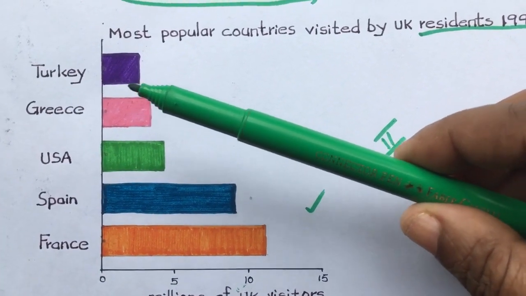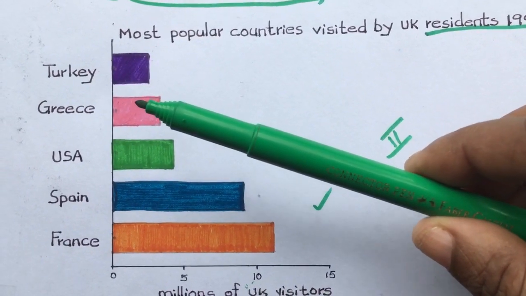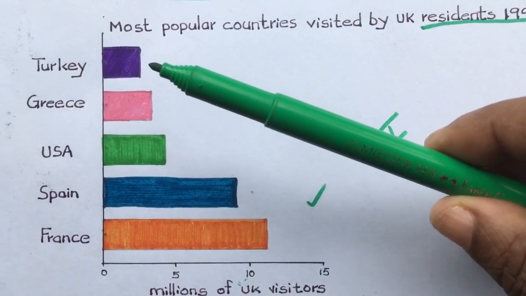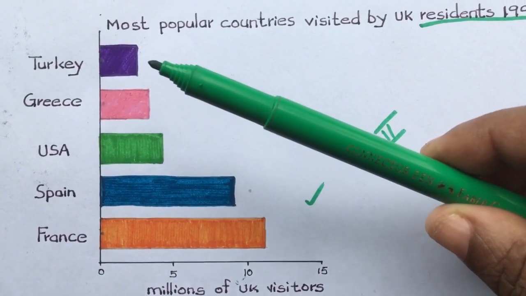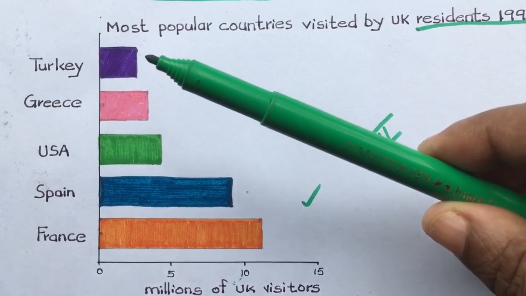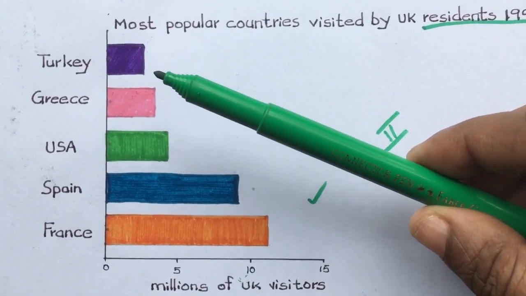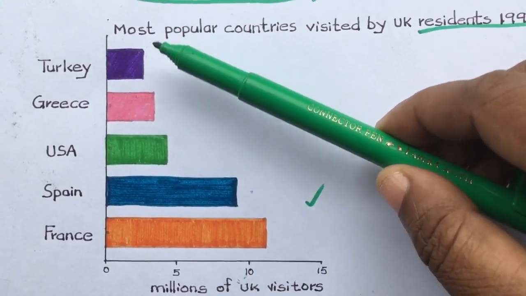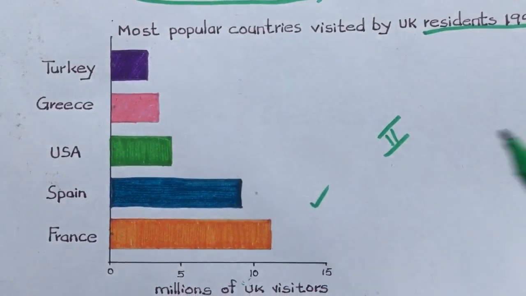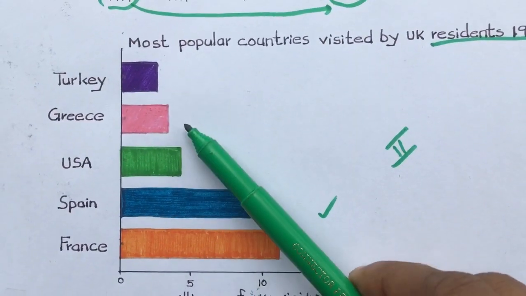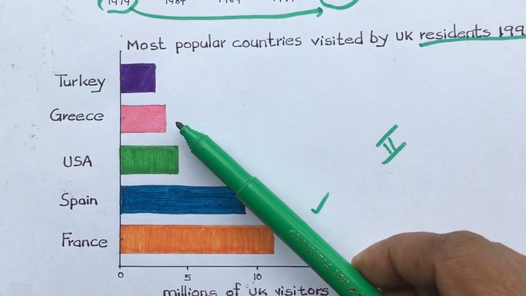Okay, always stick to your number, because if you keep on writing, if it is 160, 170 words, that is going to cost you a lot of marks in your writing. So always stick to 150 words. So I am going to treat these three together. What I have done: US, Greece and Turkey were far less popular.